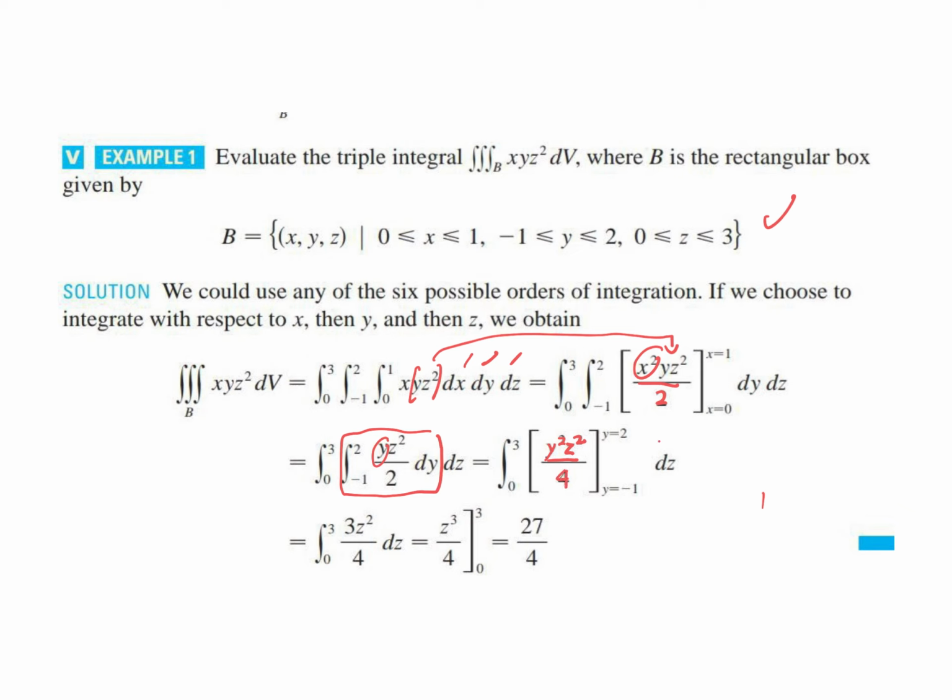Then we substitute the value, and we are left with 3z square over 4. Then we integrate this, we will get z cubed over 4, which is equal to 27 over 4.